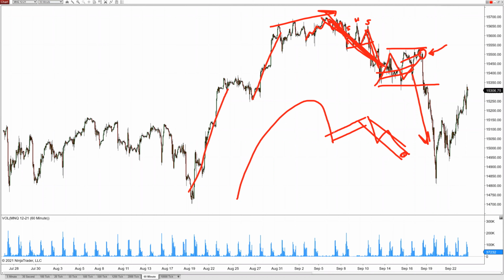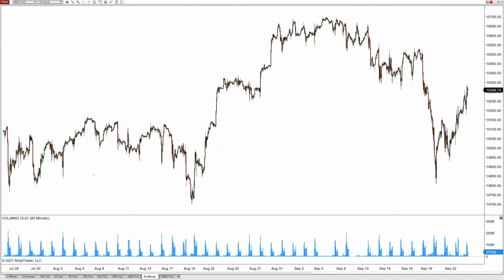It doesn't mean that the trend will totally stop. It can still keep going, but greater chop as it tries to continue. So this is one of the setups that we were following live on the larger time frame.